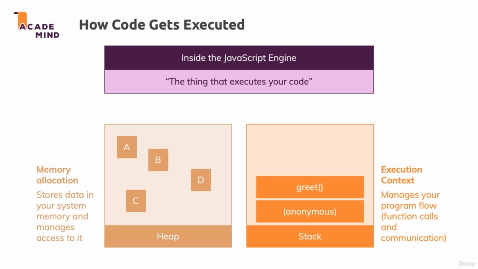So we started with the overall script execution, this anonymous function, and in there we called the greet function, hence this is pushed onto the stack and is now the topmost item in the stack. And the topmost item in the stack is always the thing which is currently happening, you could say.